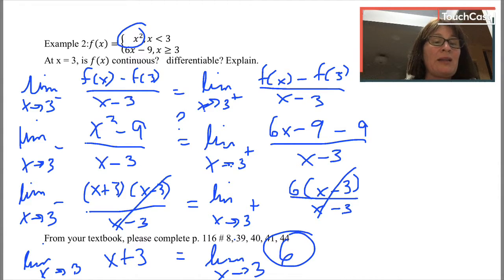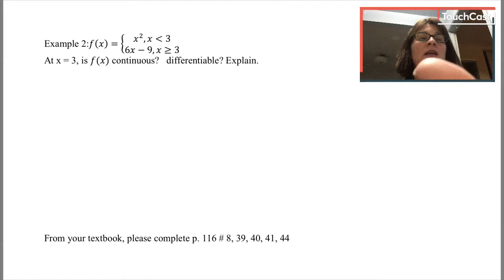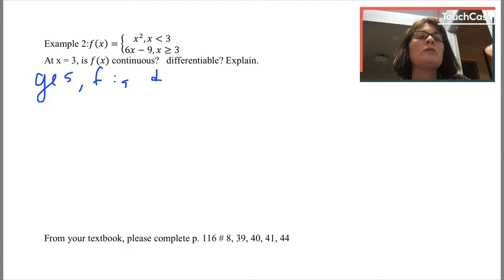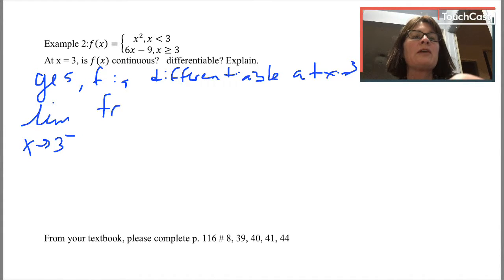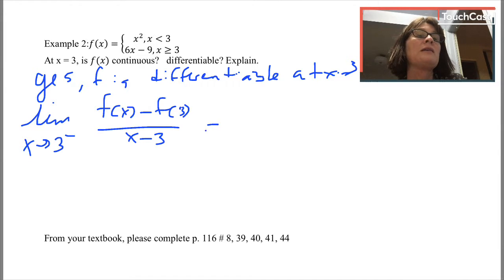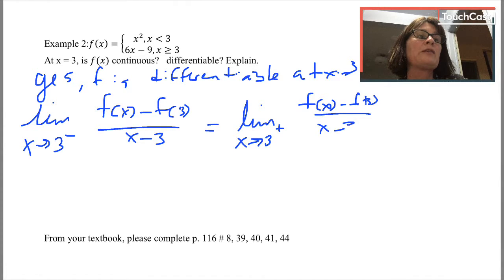So I would go back and write that up in one final sentence to say, yes, f is differentiable at x equals 3 because the limit as x went to 3 from the left of f of x minus f of 3 over x minus 3 is in fact equal to the limit as x goes to 3 from the right of f of x minus f of 3 over x minus 3.